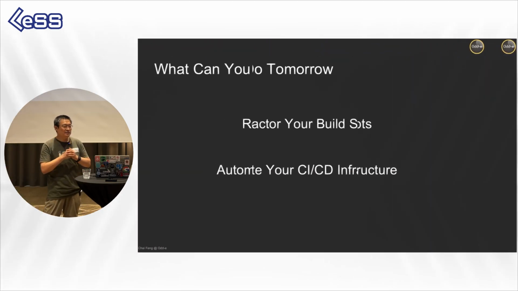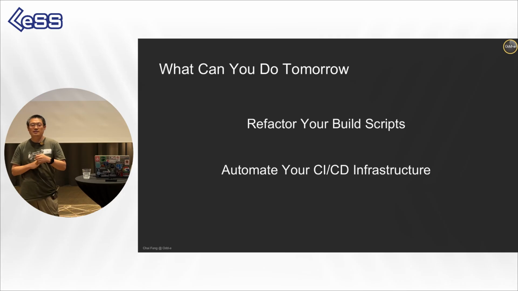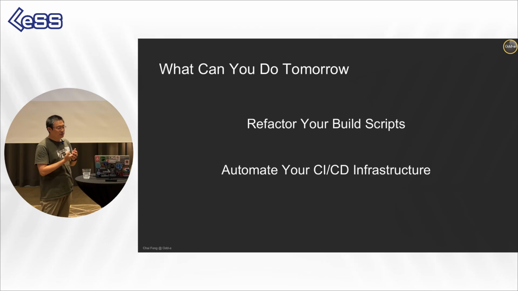So where do we start? Here are two concrete things that we can start working on. The first is refactor your build scripts. No matter what you are using, Bazel, CMake, Make, Gradle, or whatever, start moving away from complex if-else statements or step-by-step imperative commands, and towards a declarative style.